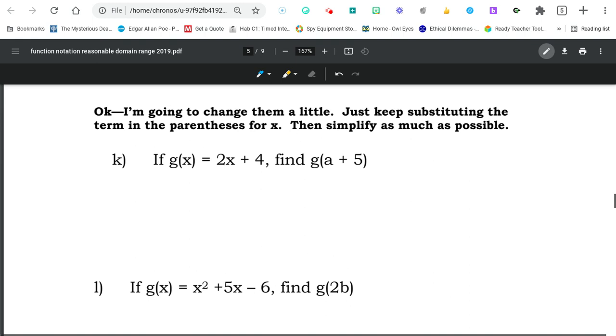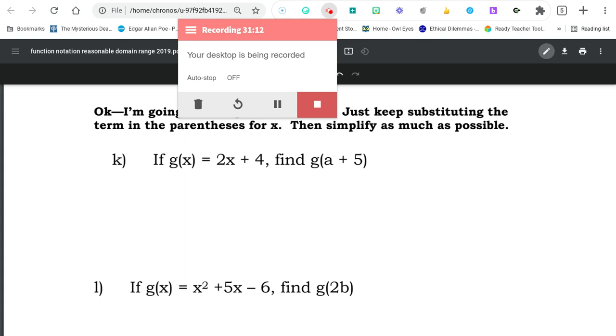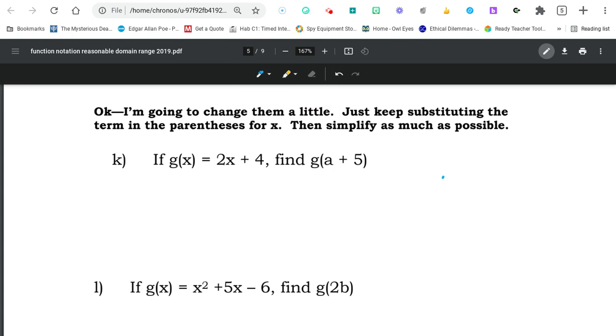All right, let me check my time on my video. I'm going to give you a little practice on function notation. That's simple, guys. Like when I say simple, simple. And tomorrow I'll pick up here, because instead of your x value being a number, look inside the parentheses.